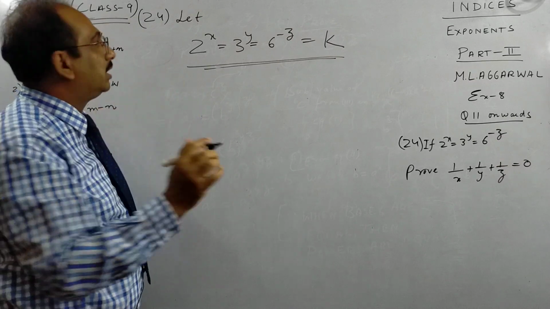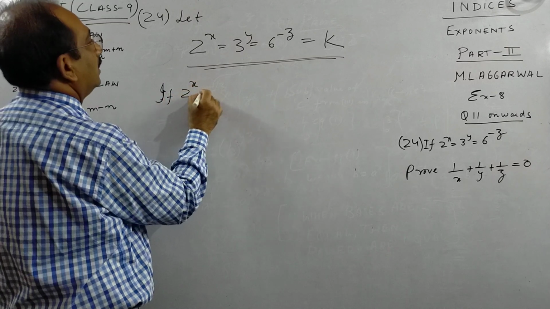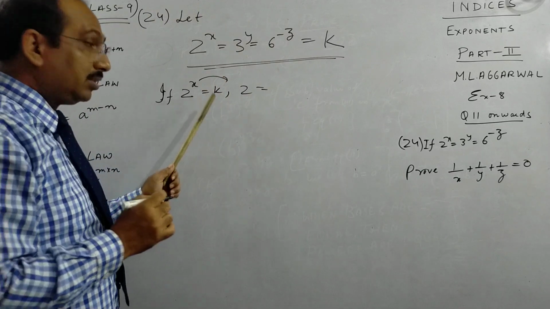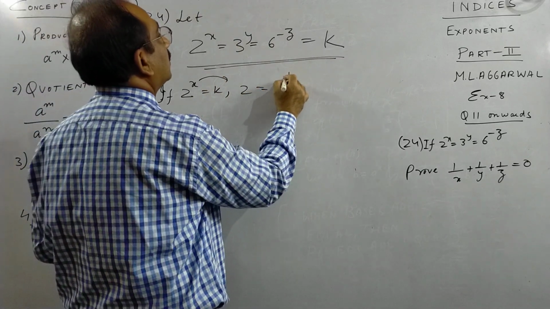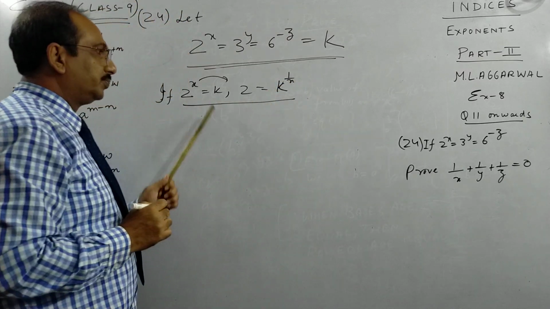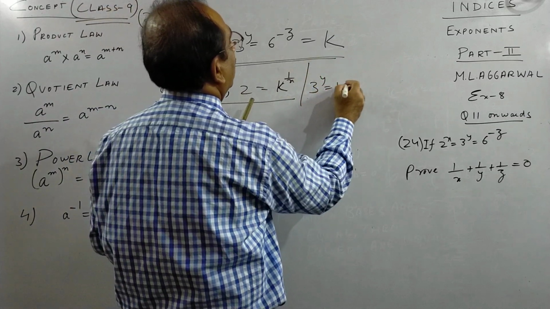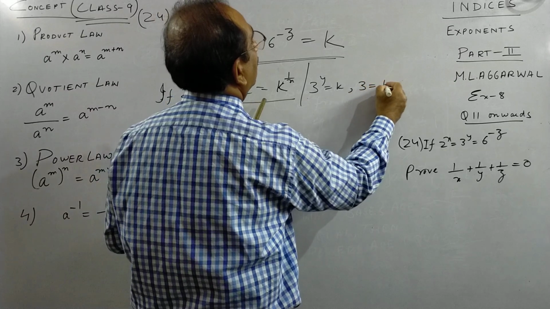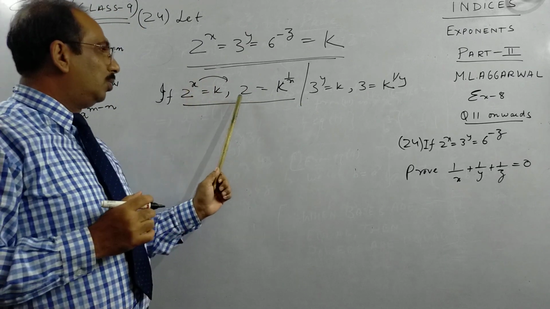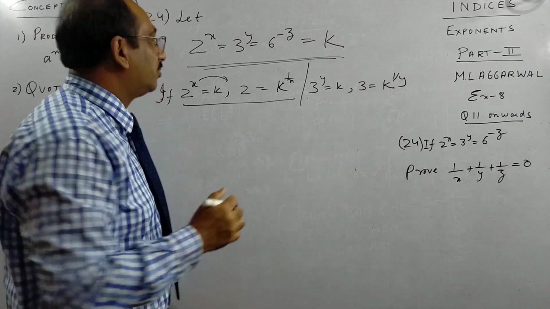See, one very important thing I'll teach you. If 2 to the power x is k, if this power is transferred to the other side, you can take it as a rule, 2 becomes k to the power 1 by x. Same way, if 3 to the power y is k, 3 is k to the power 1 by y.